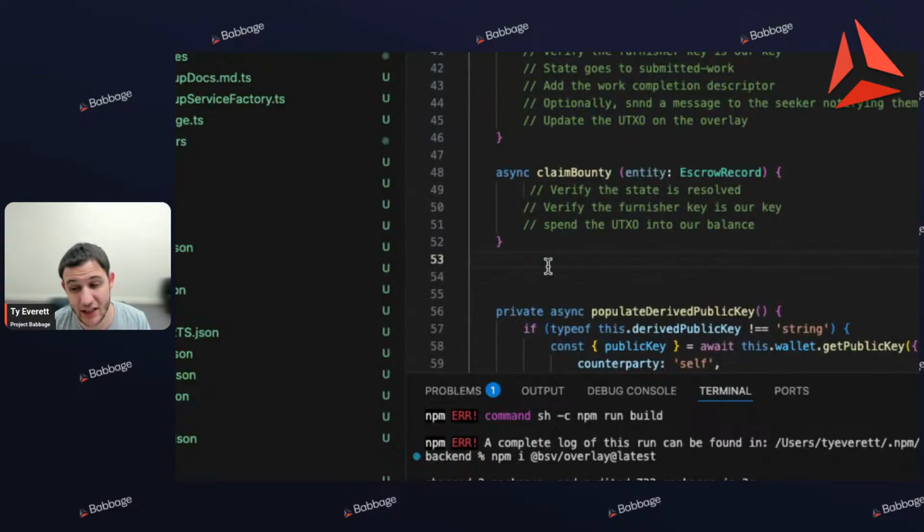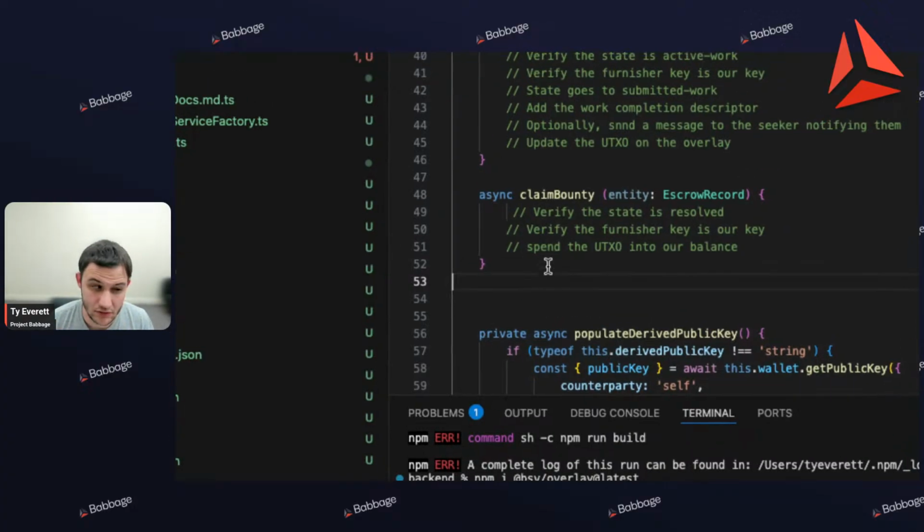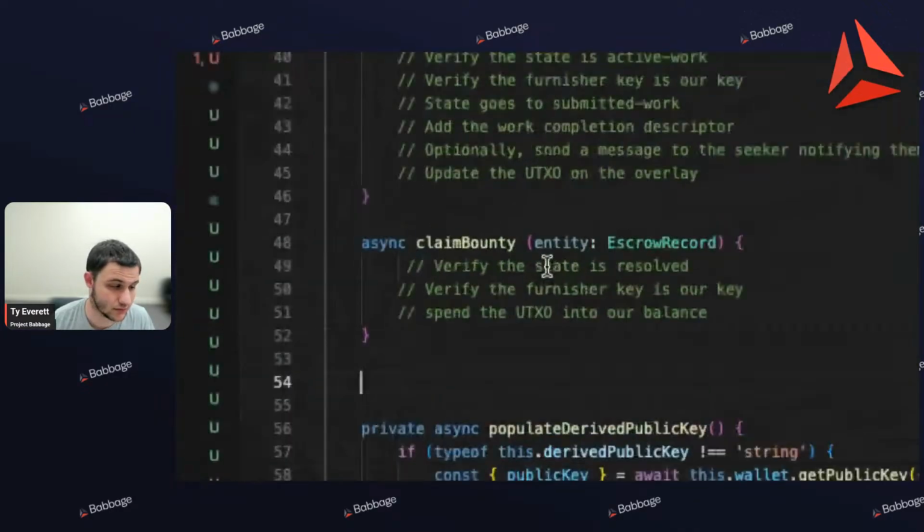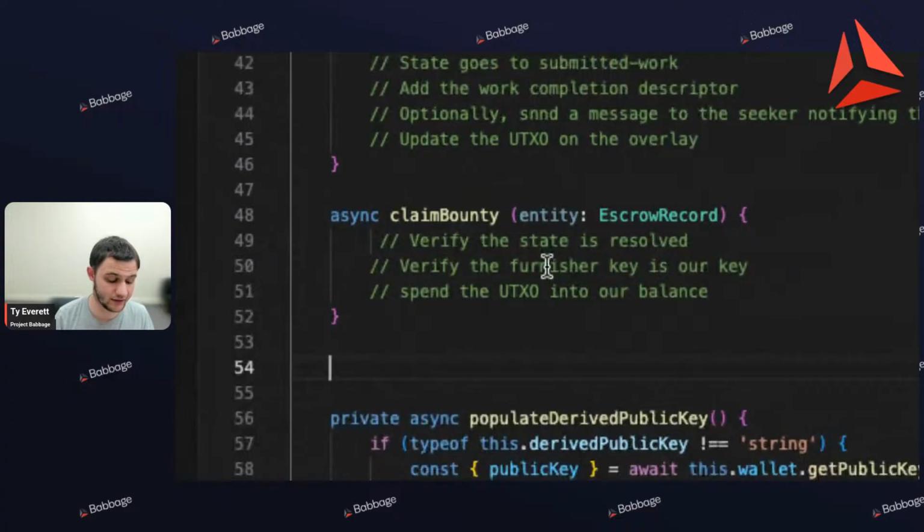So the state of a contract needs to be in submitted work state. Submitted work. And then I raise a dispute.